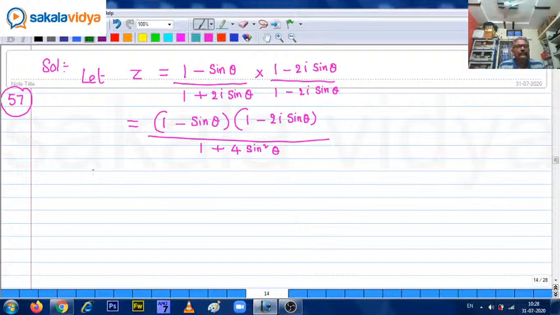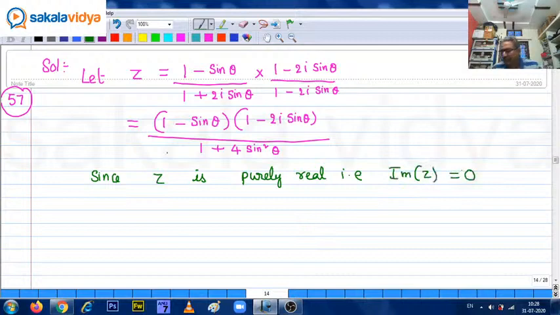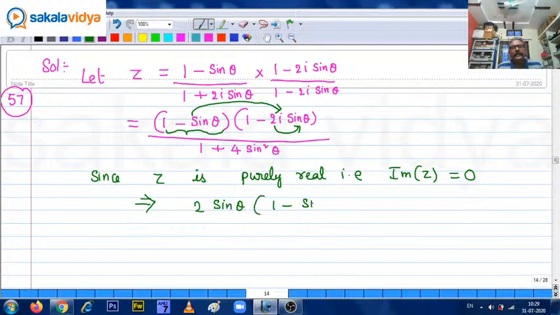Now, since z is purely real, the imaginary part of z must be equal to 0. What is the imaginary part? It is (1 minus sin theta) multiplied by 2 sin theta. So 2 sin theta multiplied by (1 minus sin theta) should be equal to 0.